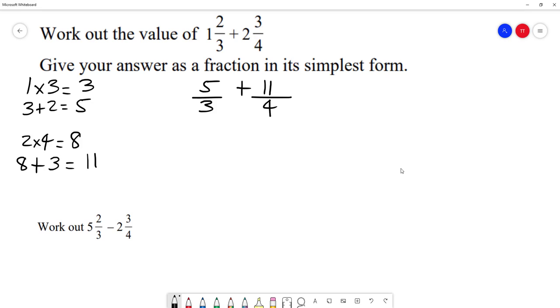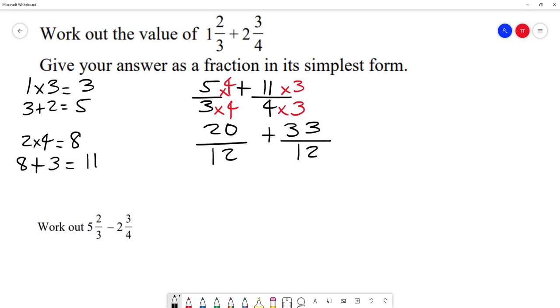Now this is called an improper fraction. So now we're going to times this fraction by 4, the top and the bottom, and times this fraction by 3. That's going to give me 20 over 12 plus 33 over 12.